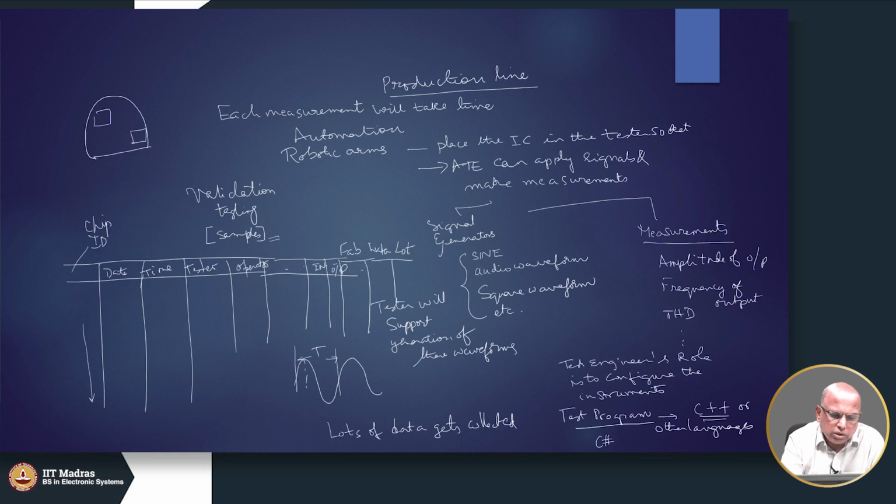If you want to come to conclusions that chips which are made from a specific fab are inferior, or that on a specific date a particular lot produced inferior quality chips, those are not easy for the human eye to spot.